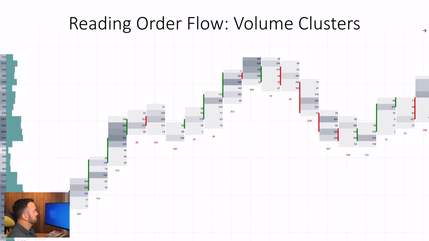For me, it's easier to read and easier to spot those heavy volume zones, right? This is the first one I was showing you. This is the second I was showing you. They simply stand out more visually. It's easier for me to read the chart. So that's why I use this kind of chart to look for those volume clusters.